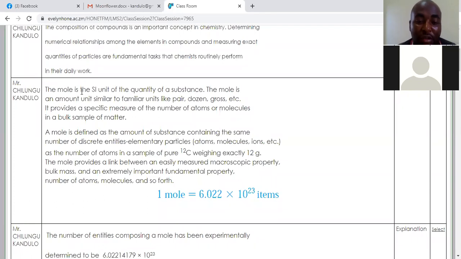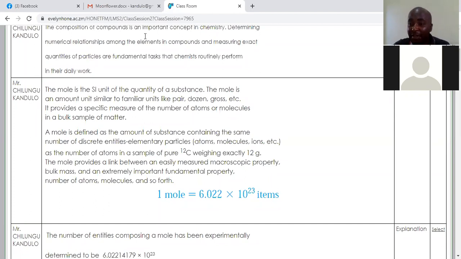I've mentioned the electrons because they're not in the example, and yet we have moles of electrons. So as many discrete entities as the number of atoms in a sample of pure carbon-12 weighing exactly 12 grams.